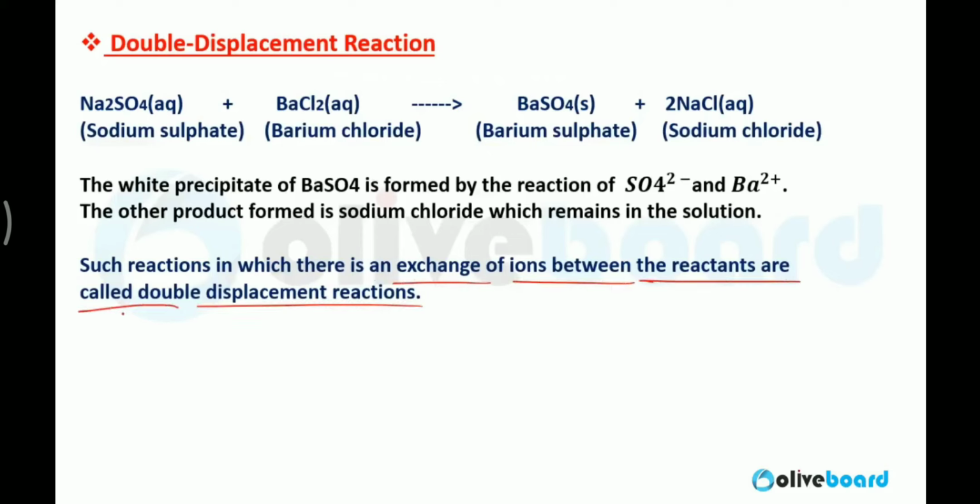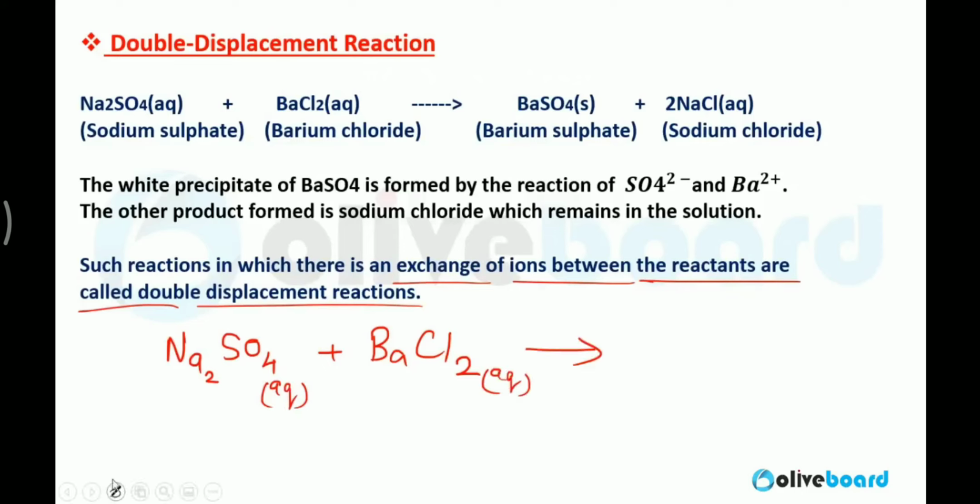Like here, sodium sulfate, Na2SO4, is there, and you add this sodium sulfate aqueous solution to barium chloride aqueous solution.